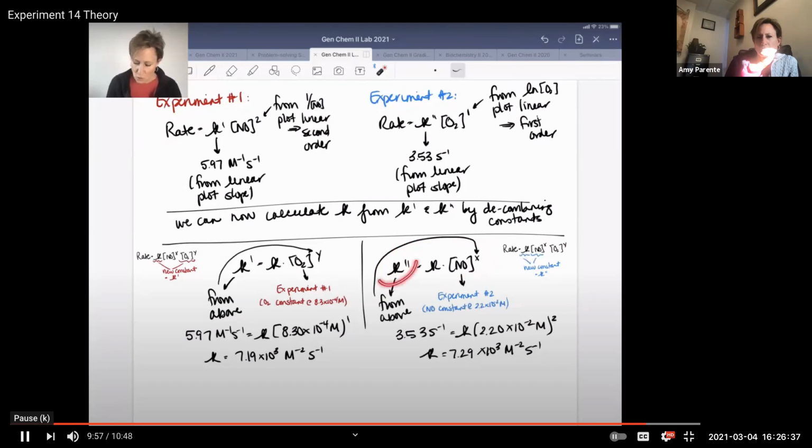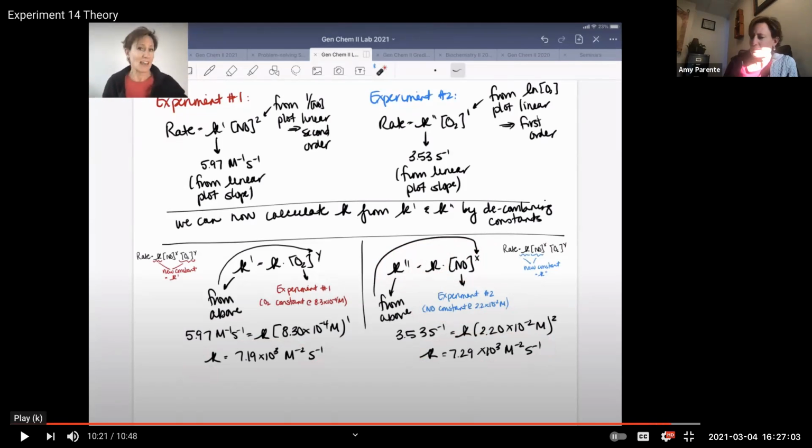So now that we know what our rate constant K double prime is from the slope of our plot, we know what x is equal to, 1, because of what we plotted to get a straight line, and we know what we held that NO concentration to when we kept it constant. We can solve now for K. So now we have rate constants that we got from each of these sets of experimental data.